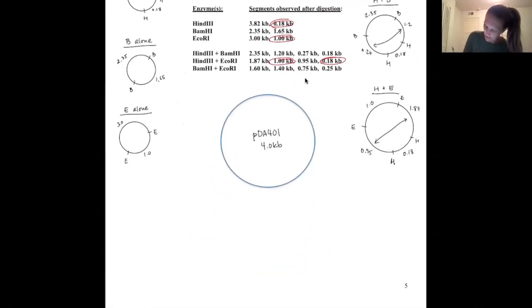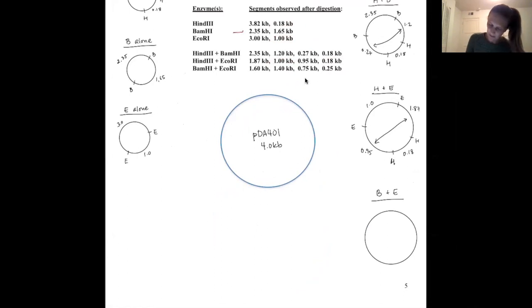Now let's do our final one, which is BAM plus eco. All right. So when we do our BAM plus eco, we are going to, again, look for anything shared. And let's see. So for BAM, whoops, sorry. Trying to get a difference.